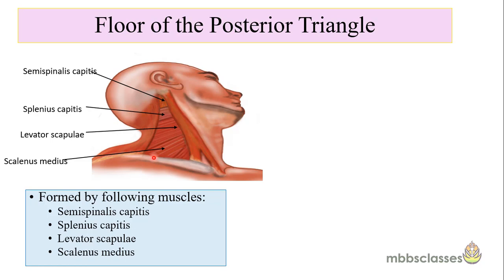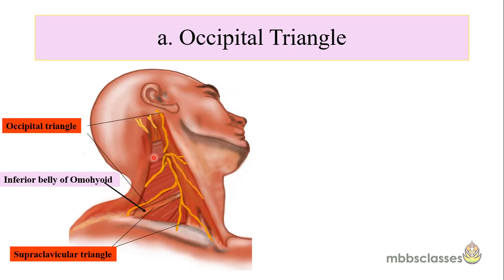So you have seen that the posterior triangle is divided into two triangles, occipital triangle and the supraclavicular triangle, by the inferior belly of omohyoid muscle. This is the inferior belly of omohyoid muscle. Now we'll be talking about the occipital triangle.